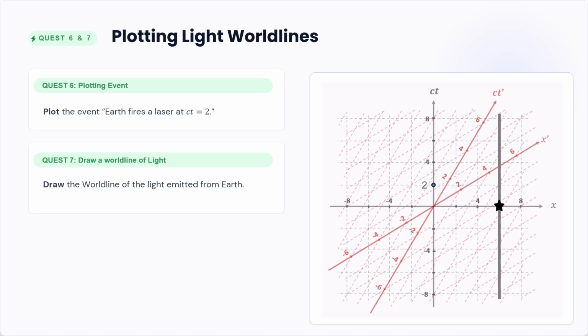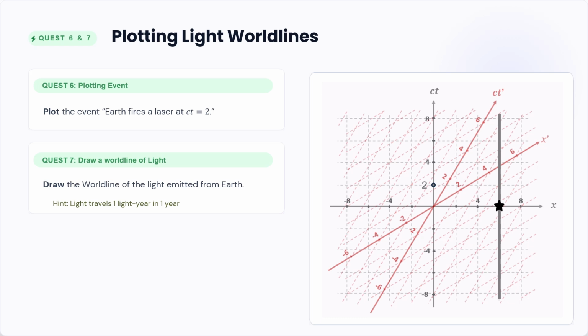Remember, the vertical axis isn't just time, it's ct, the speed of light c times time t. Light travels 1 light year in 1 year. This means when a time of ct = 5 passes, which corresponds to 5 light years of time, light travels exactly 5 light years in distance. Ready to draw? Take your best shot.